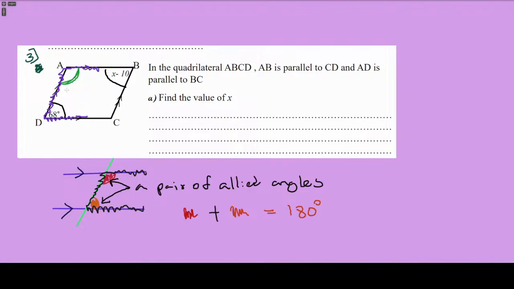This green and 68 together will make 180 degrees. So if the black is 68, what will be the green angle's value? 180 minus 68, which would give us 112 degrees. So this green angle is 112.